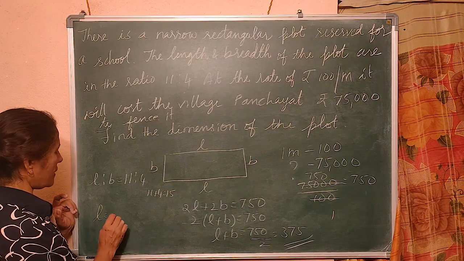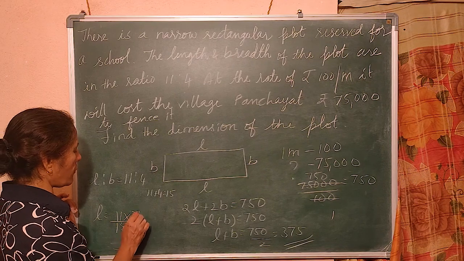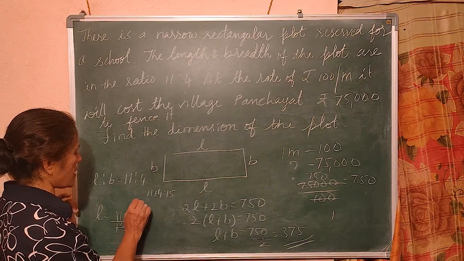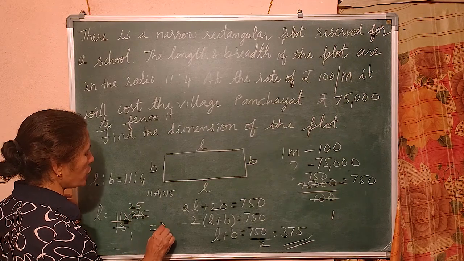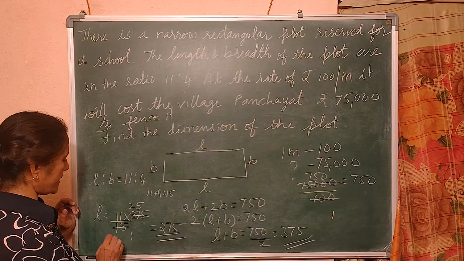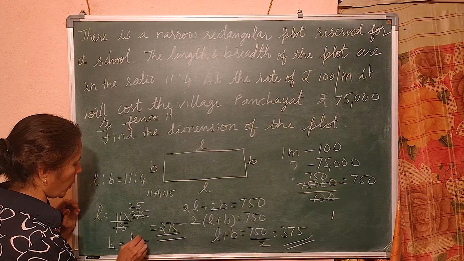So, what is 11? Out of 15 it is 11. Out of 375, how much? 15 ones are 15, 15 twos are 30, 15 fives are 75, 25 elevens are 275. Am I right? What is the breadth? The breadth also you can find out. Out of 15 it is 4.